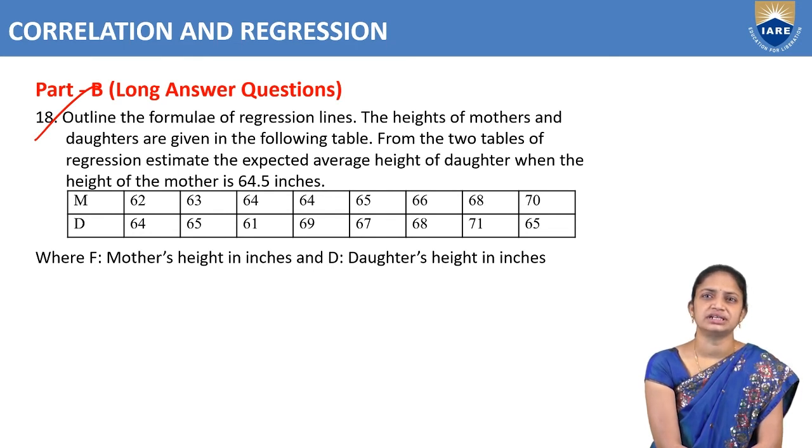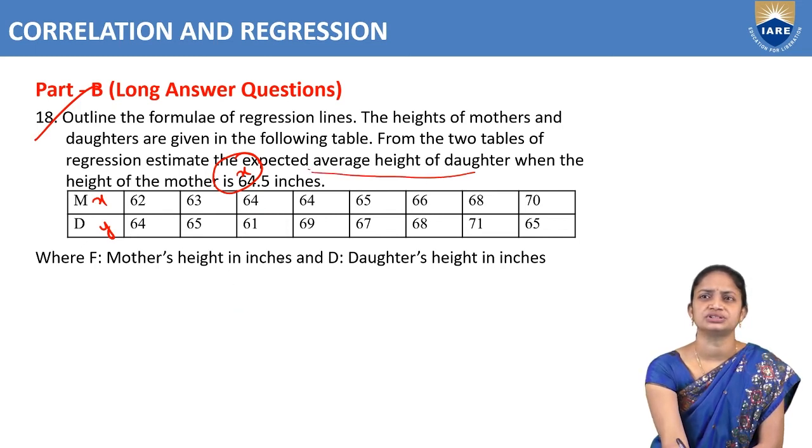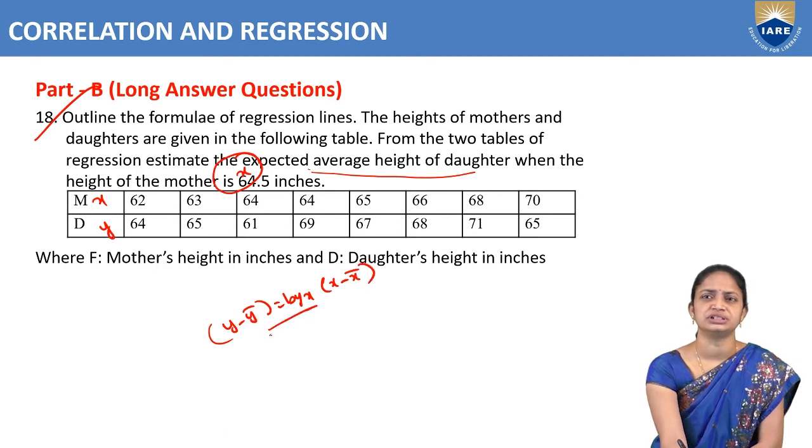The heights of mothers and daughters are given in the following table. From the two regression lines, estimate the expected average height of the daughter when the height of the mother is 64.5. Let us consider mother as x and daughter as y. Here we have to use y minus y bar equal to byx into x minus x bar, where byx equal to summation capital XY by summation capital X square.